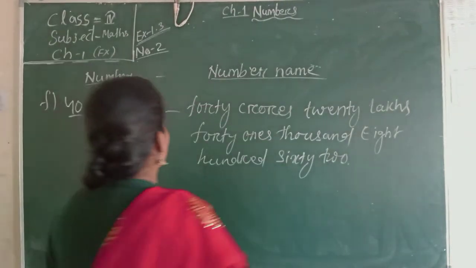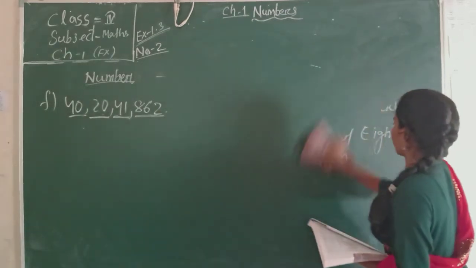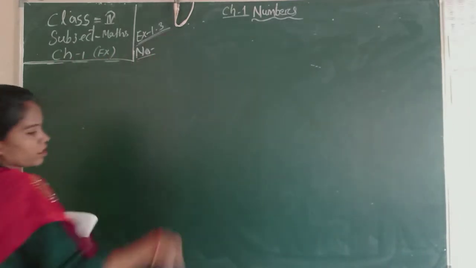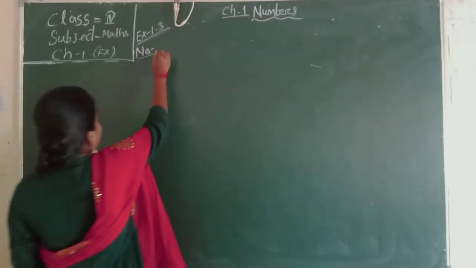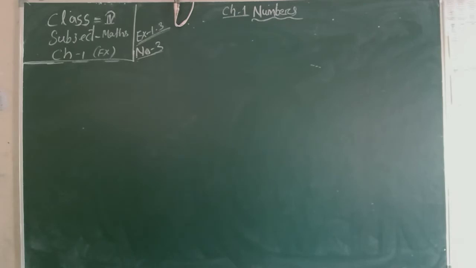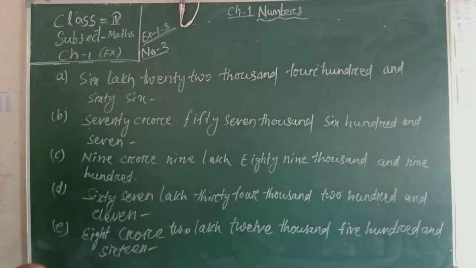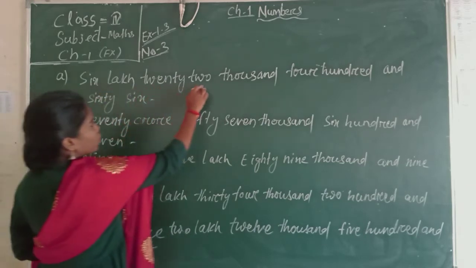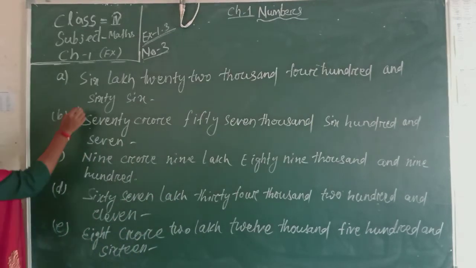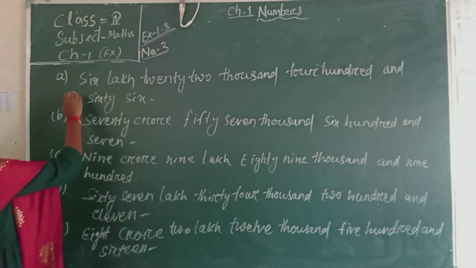Let's do number 3. So your A number is what? 6,22,466.